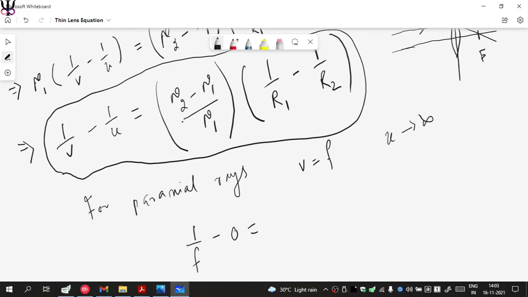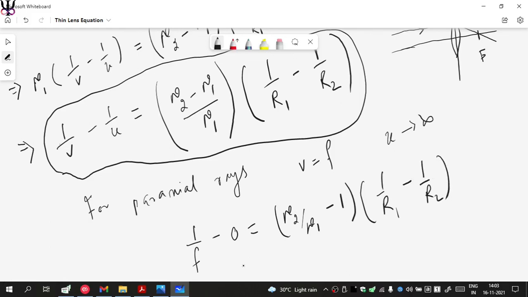mu2 minus mu1 by mu1, which becomes mu2 by mu1 minus 1 times 1 by R1 minus 1 by R2.